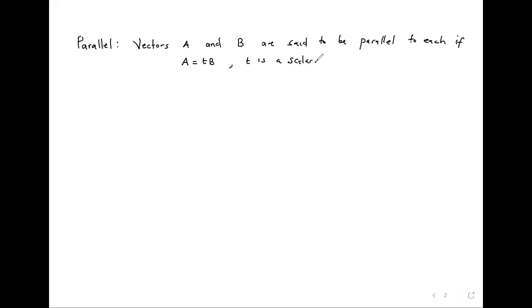Another way of saying that is if this vector A is given as A1, A2, A3, and vector B is given as B1, B2, B3, the other way of saying that A and B are parallel is by saying that A1 over B1 will be the same as A2 over B2, and this must be the same as A3 over B3.